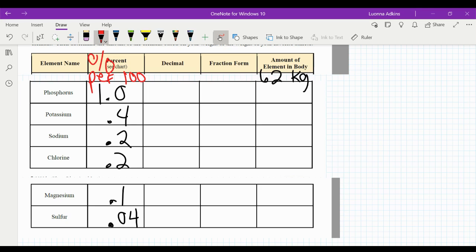Since percent means per 100 or out of 100, if we were to write phosphorus, we would write it as 1 per 100, or 1 out of 100. The fraction bar is also a division bar. So we are going to divide the percent by 100 to find the decimal form.